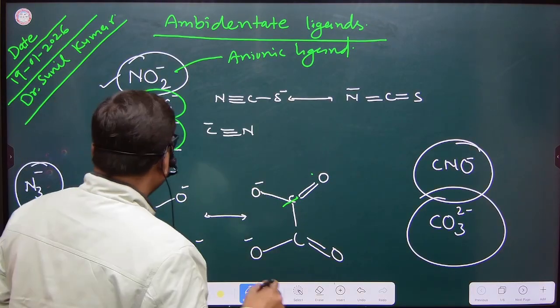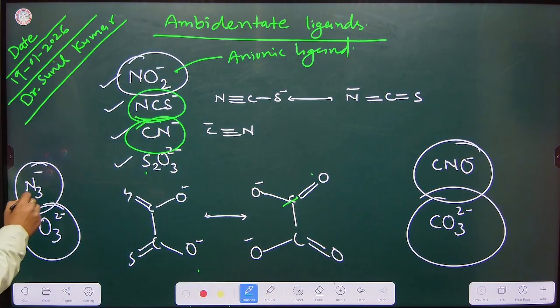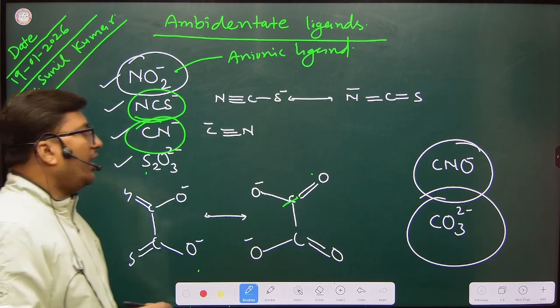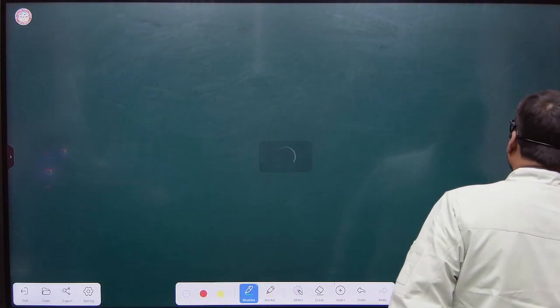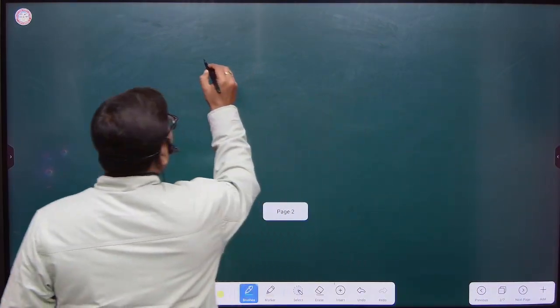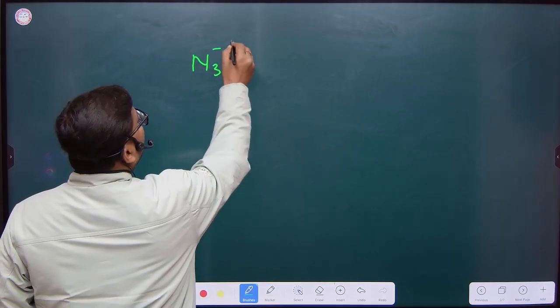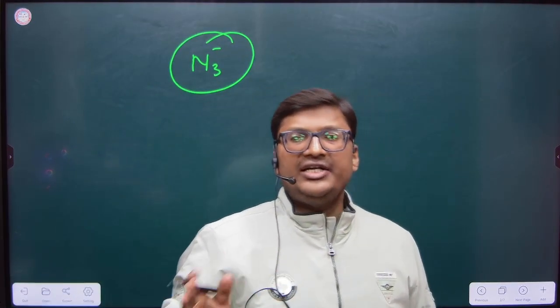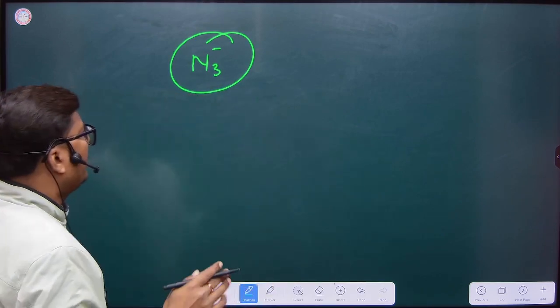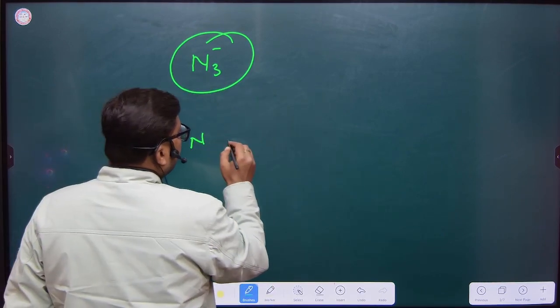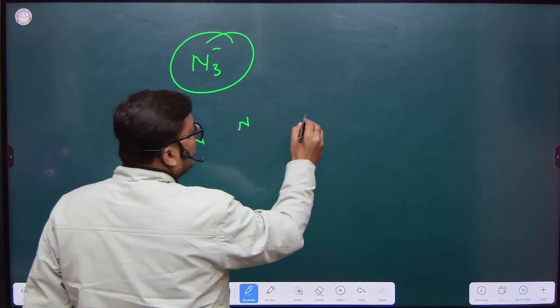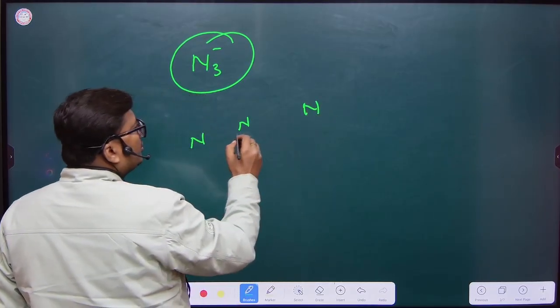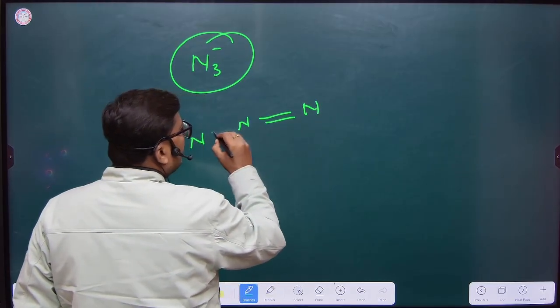Here N3 minus is the most important ligand, that is azide ion, a uninegatively charged ion. And how does N3 minus bond? So N3 minus, this is azide ion. This is also a unidentate ligand, right? But this is N and this is N, right? So this is actually the structure.